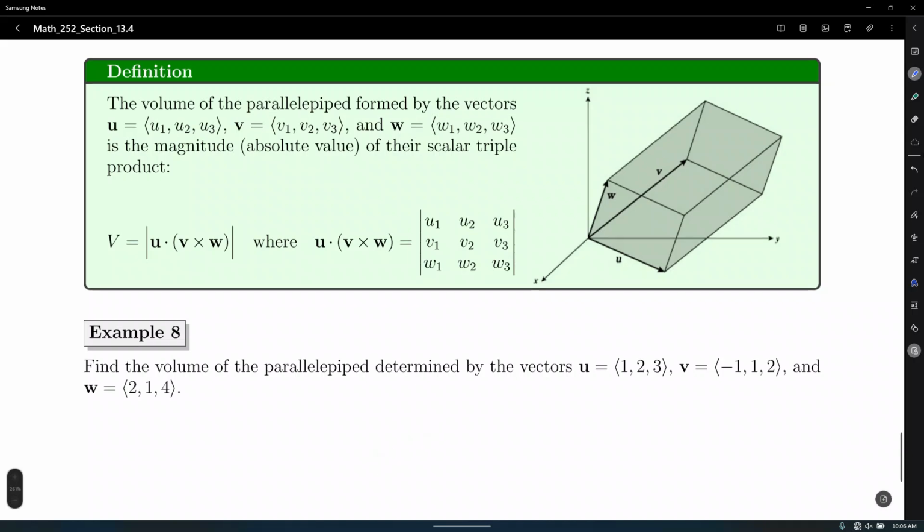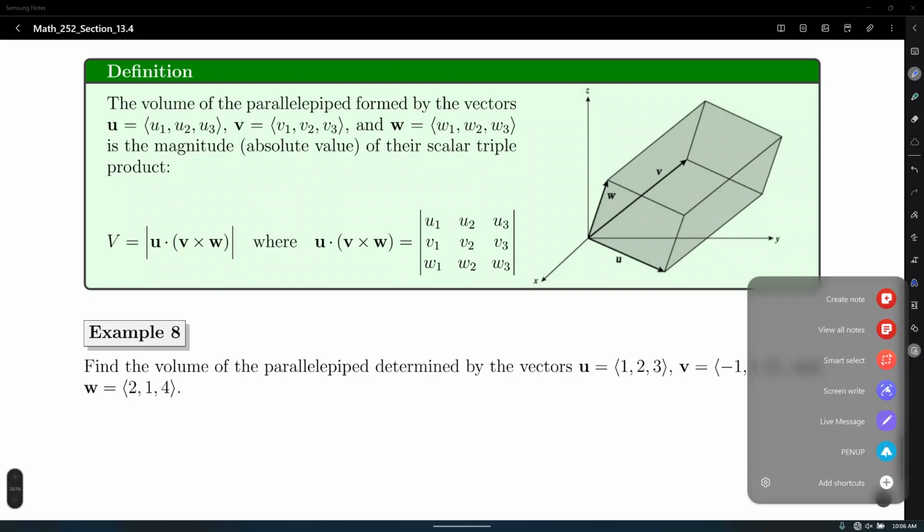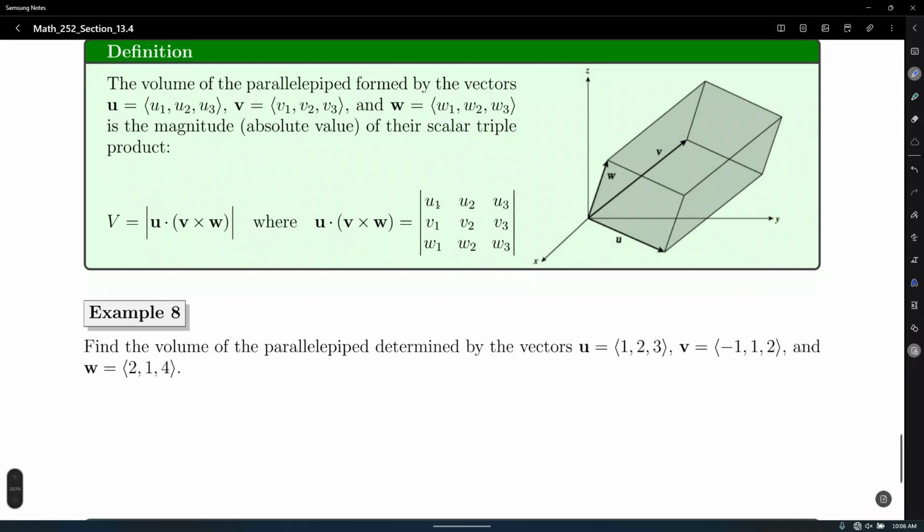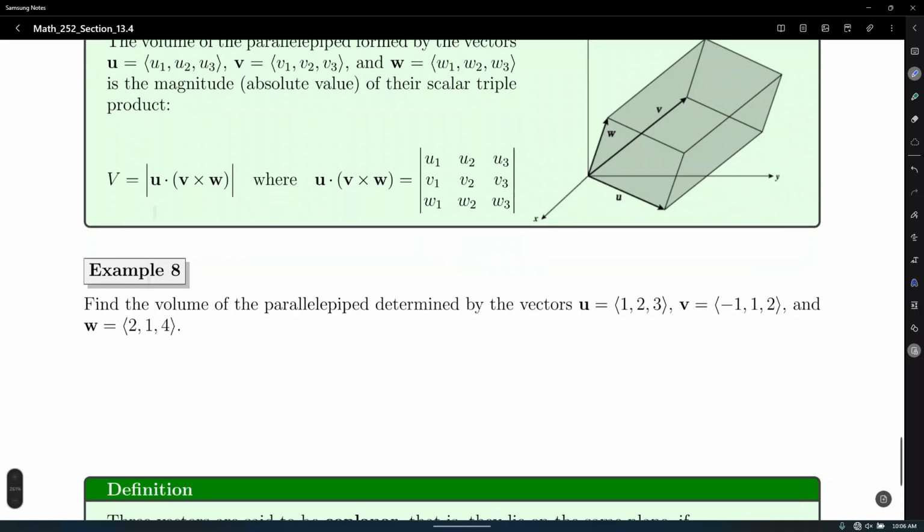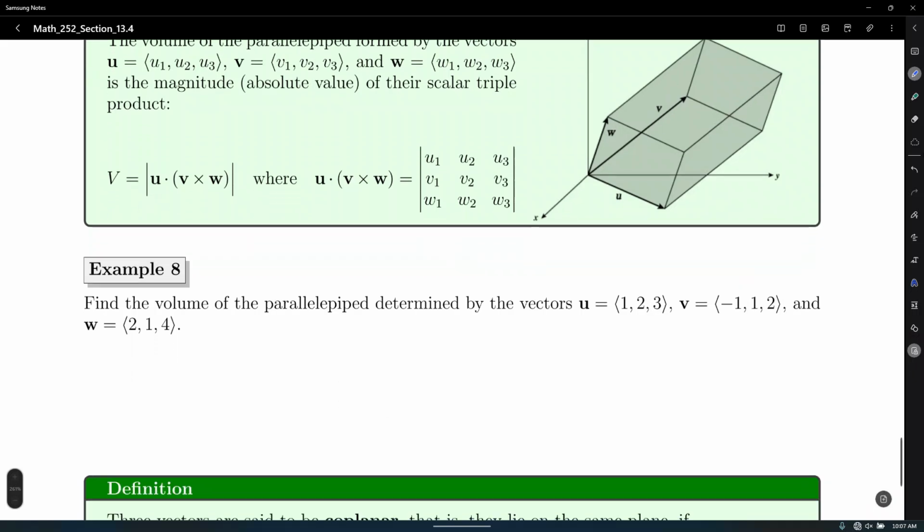In a similar way that two vectors create a plane, three vectors create this solid. We find the volume of this solid by simply setting up a 3x3 matrix and finding its determinant.